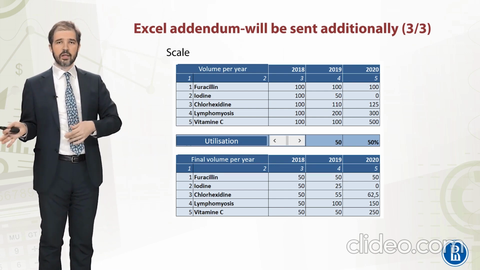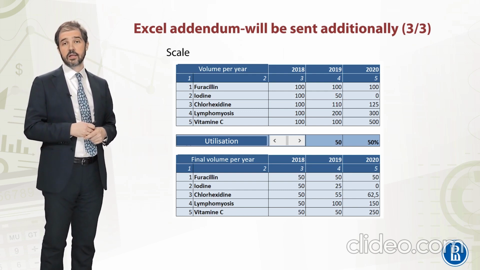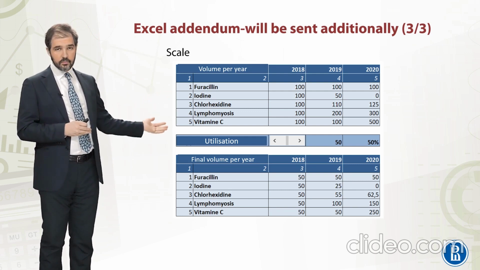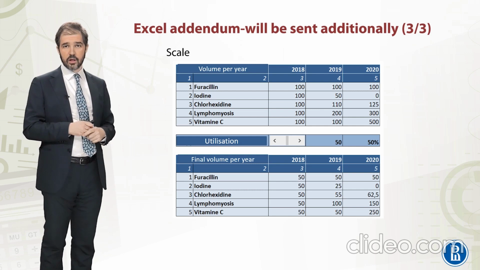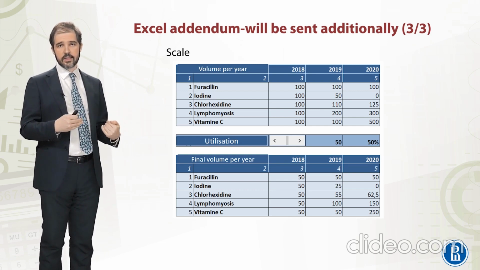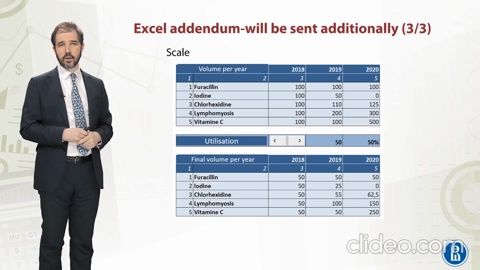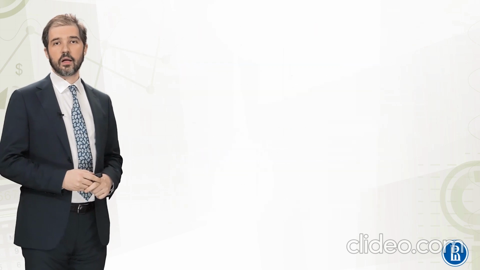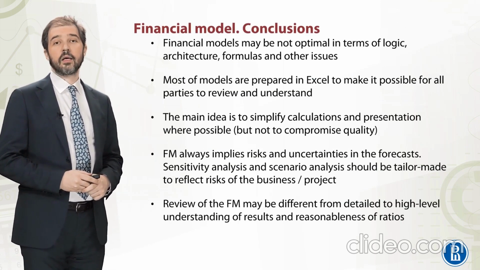Maybe you will produce 100%, 90%, 50% as in this case. So by this bar you change this utilization, and this utilization ratio will automatically affect your final results in the table below.